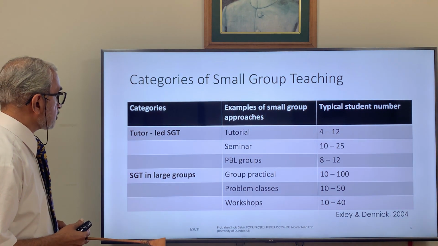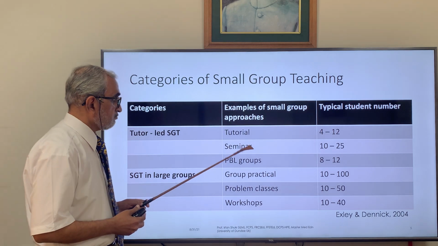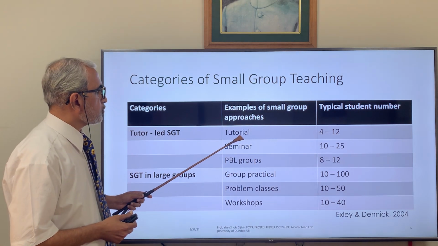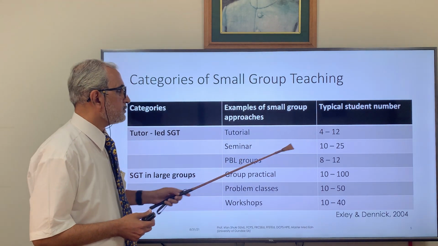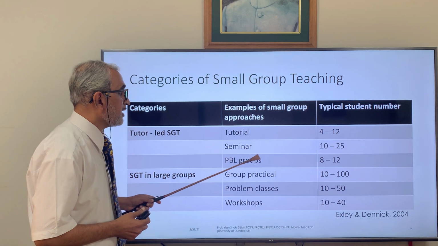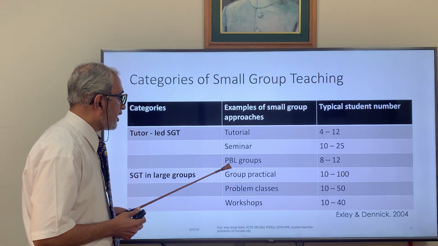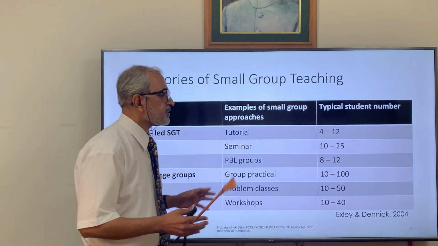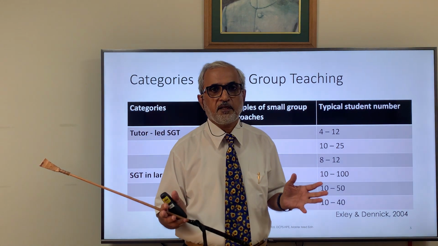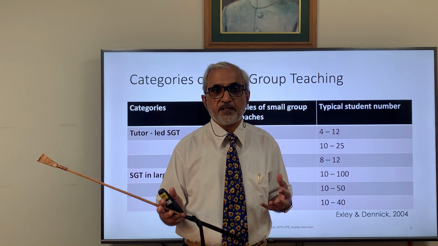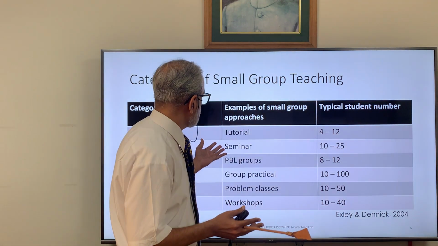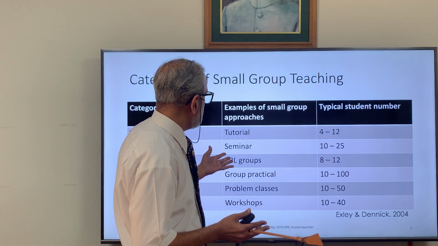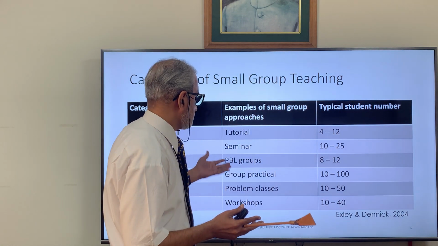For student-led small group discussion, usually in a tutorial there are 4 to 12 students, a seminar 10 to 25, and a problem-based learning group 8 to 12 students. This is the typical student number when the teaching and learning activity is occurring in a tutorial, a PBL group, or a seminar.